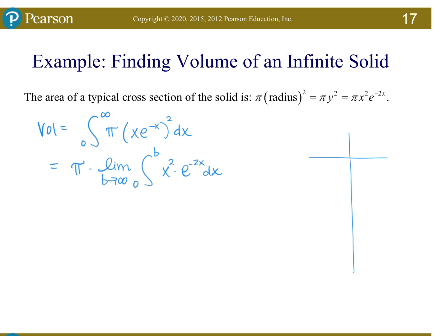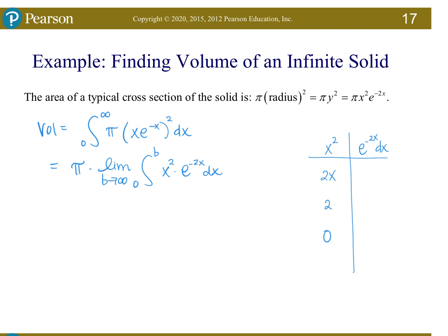All right, so Kaylin, on tabular, what would you put on the u side of the column using the LIPET test? X squared. Yeah, I would too. So then you're going to have x squared, then 2x, then 2, and then 0, which leaves e to the negative 2x on the opposite side.